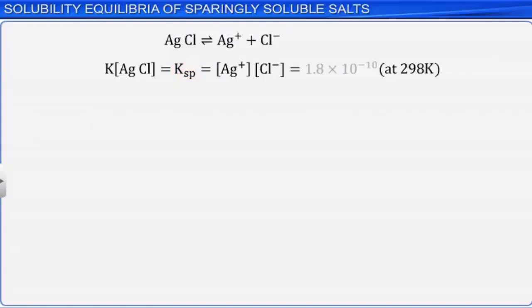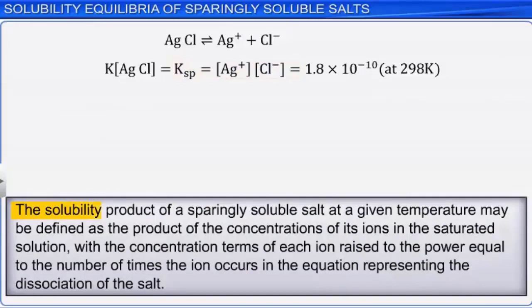The experimental value of Ksp for silver chloride at 298 Kelvin is equal to 1.8 multiplied by 10 to the power of minus 10. This means that in a saturated solution of silver chloride, the product of the concentration of silver ions and chloride ions is equal to the solubility product Ksp of silver chloride.